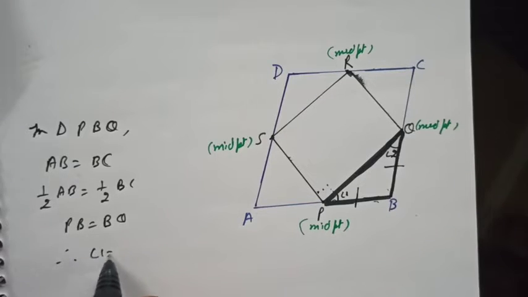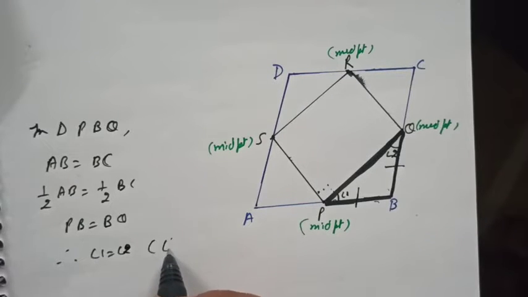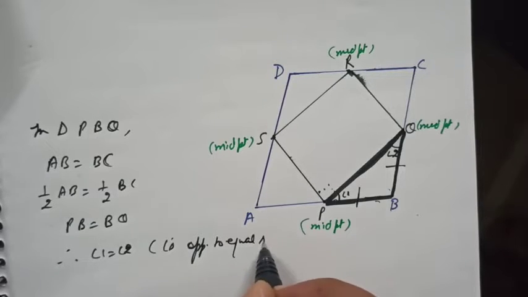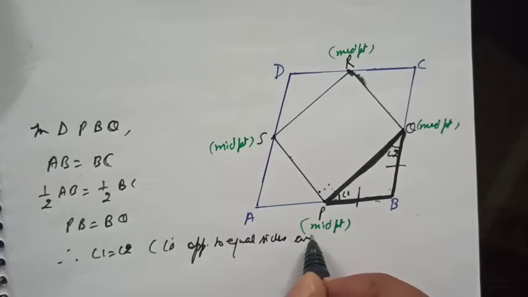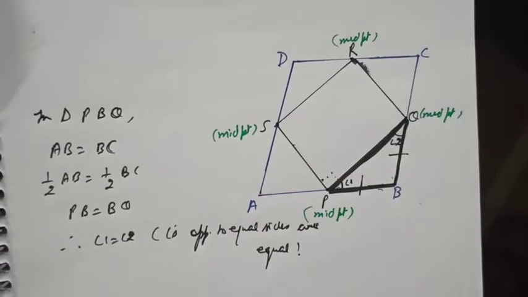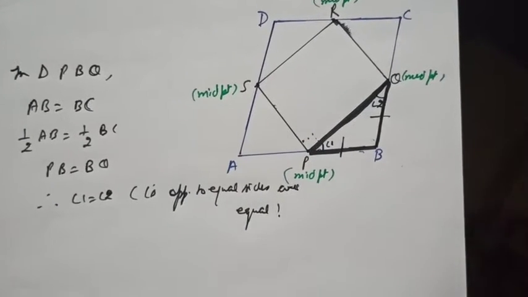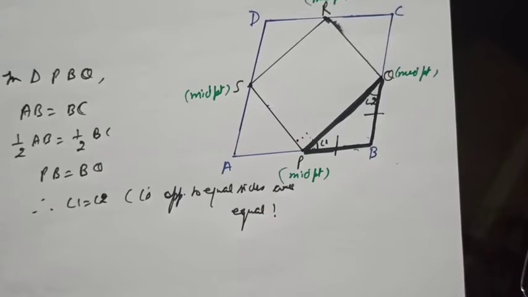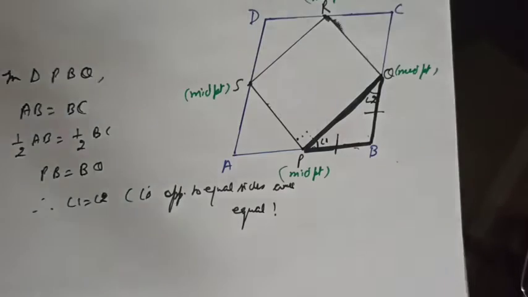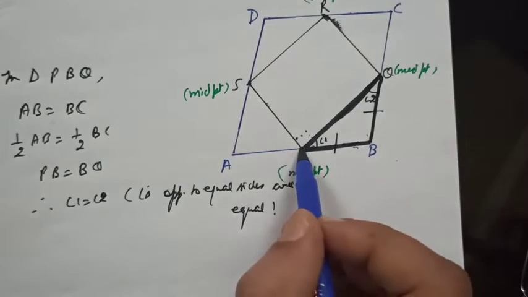So therefore angle 1 is equal to angle 2. Why? Because angles opposite to equal sides are equal. Right? Now what I'm going to do is I'm going to prove that these two triangles are congruent.